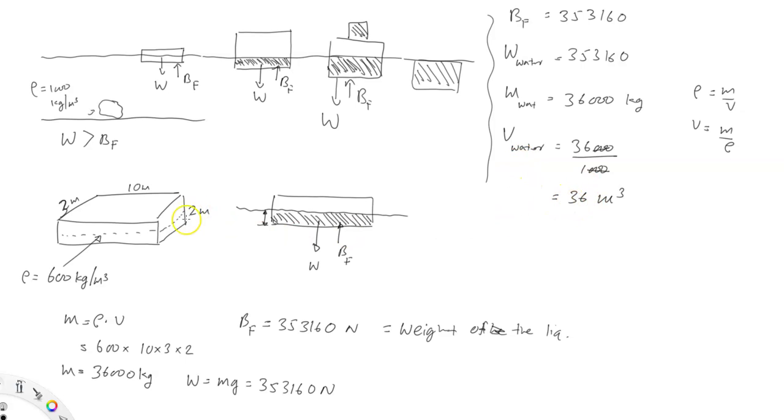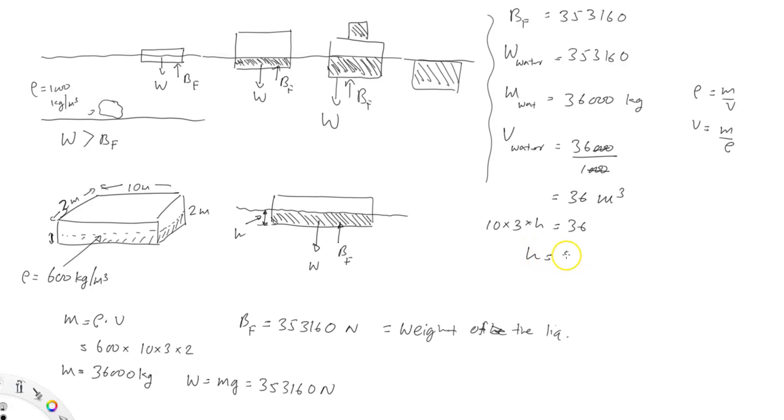So we know that this is also a rectangular cubical kind of piece. So if you have the volume, if we call it H, 10 times 3, these two sides, this is 10, this is 3, and this underwater piece times H is 36.